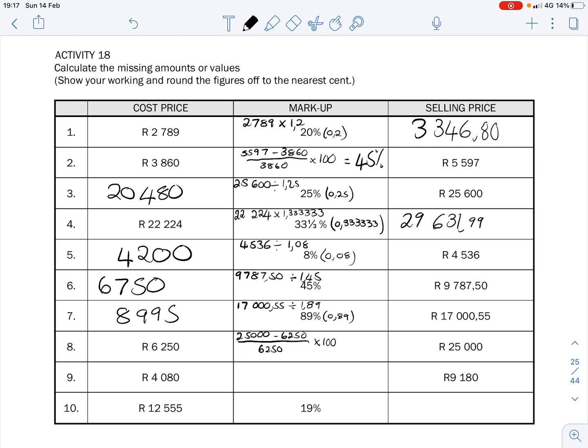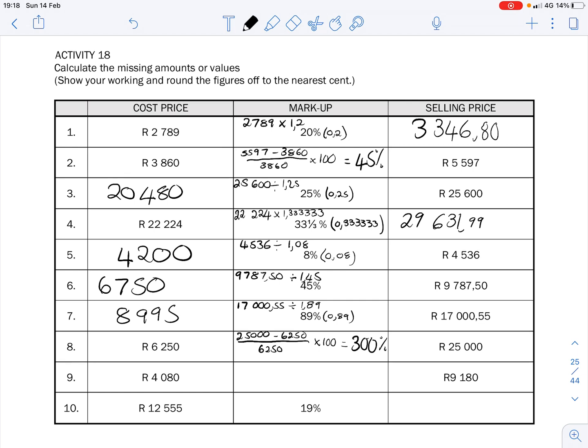We multiply that by 100 to get a percentage. You plug that into your calculator. 25,000 minus 6250 over 6250 times by 100, and it should give us a markup percentage of 300%.